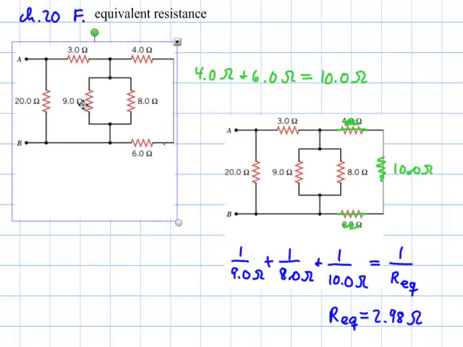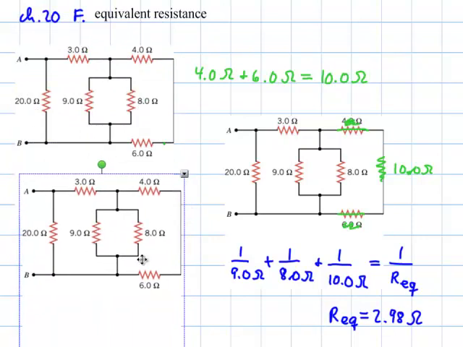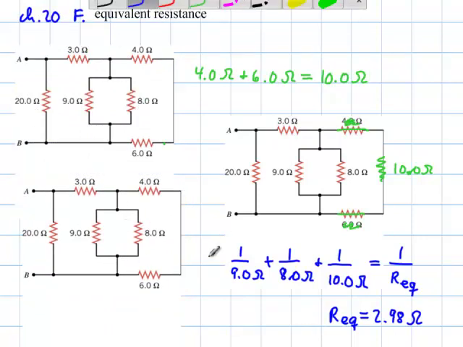So overall, again, I could copy this whole one here, and now I have a resistor here that is 2.98, at least maybe 2.98 ohms.